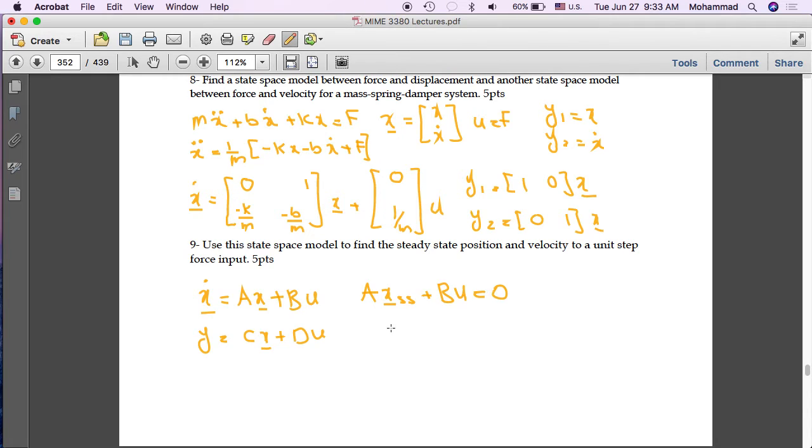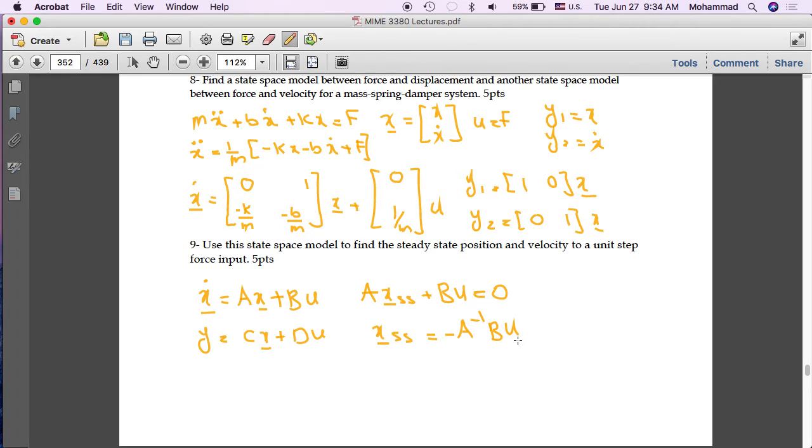So from here, you know that x steady state is going to be equal to minus a inverse times b times u. And that's it. If you can find inverse of a, you simply multiply that inverse by b and multiply it by input, and you have x steady state, which includes, by the way, position steady state as the first row and velocity steady state as the second row.